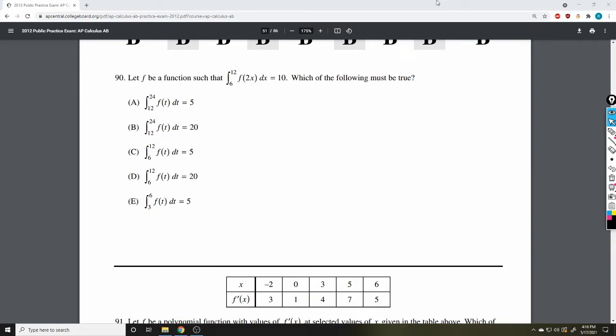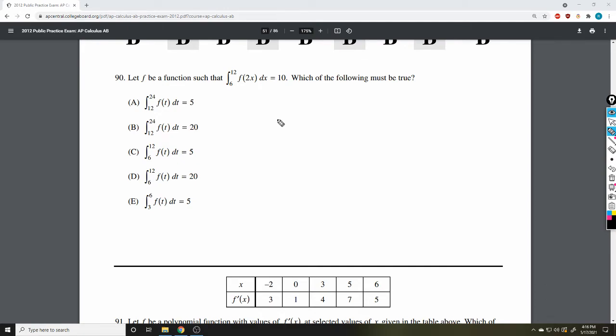The easiest way to do this one is to just go ahead and take the antiderivative. So I know that f of 2x is 10.